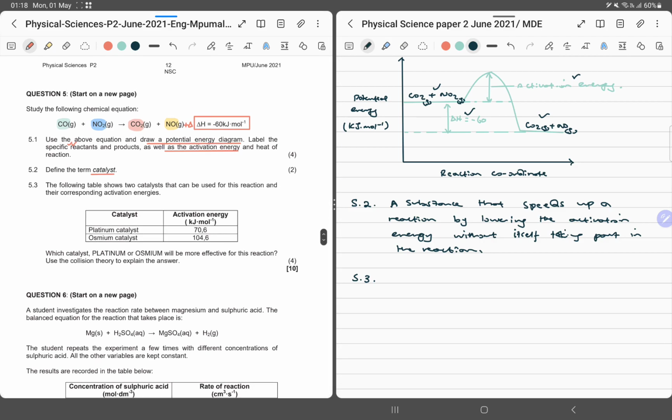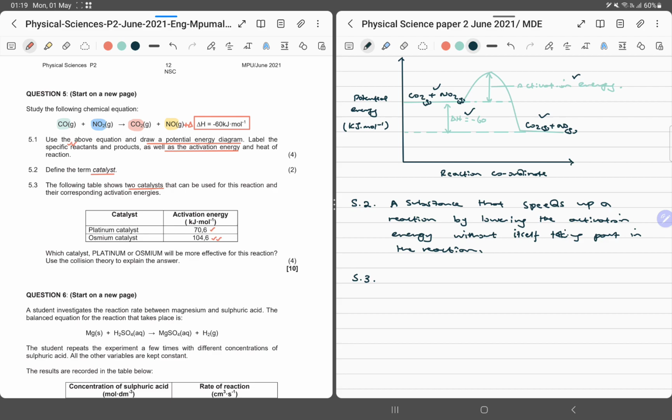What is the next question? It says the following table shows two catalysts that can be used for this reaction, and their corresponding activation energies. So platinum, the activation energy is 70. The osmium, the activation energy is 104.